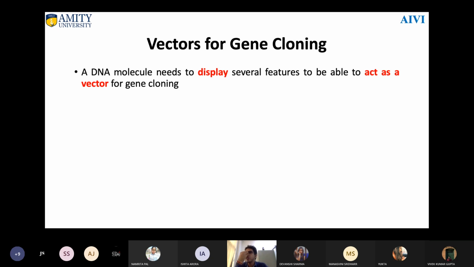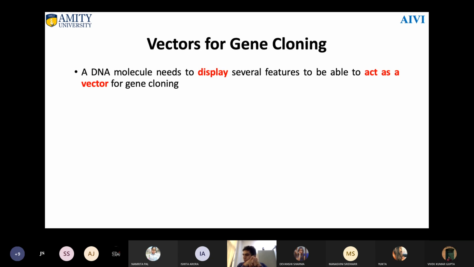When you want gene cloning, it means you want to prepare a replica of a gene. Your gene, one copy is there, you want to make multiple copies, 2, 3, 4, and so on. Multiple copies of the same gene.